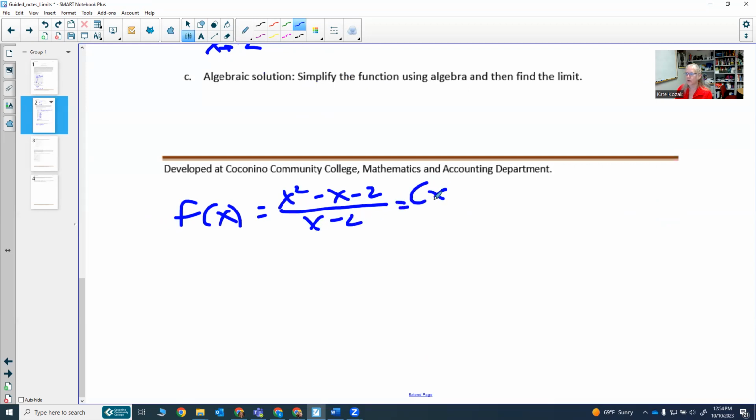Factoring the numerator, you get x minus 2 times x plus 1 all over x minus 2. Simplifying this, you get x plus 1 left.